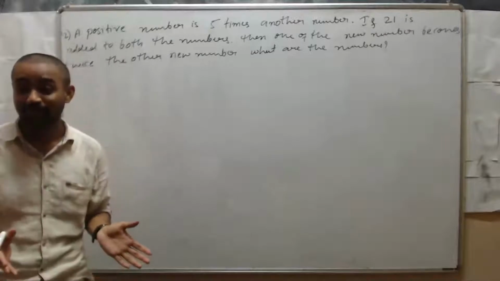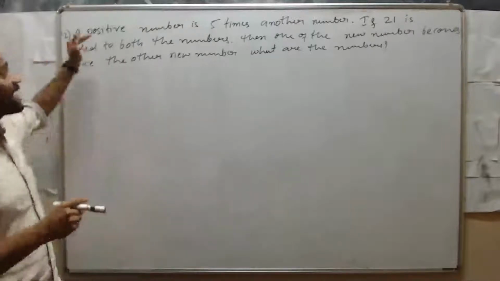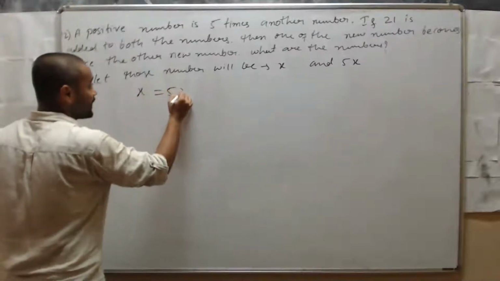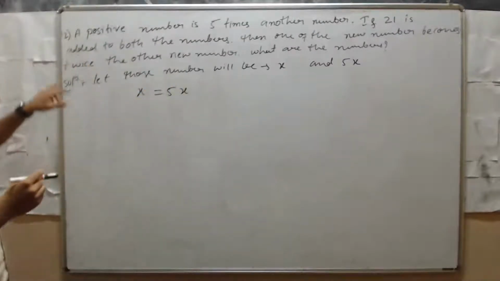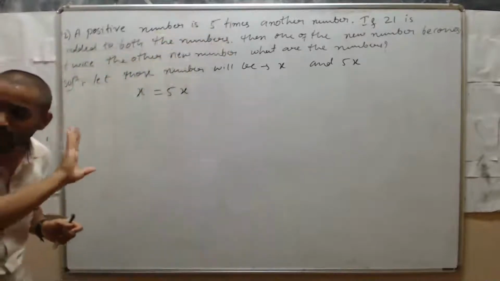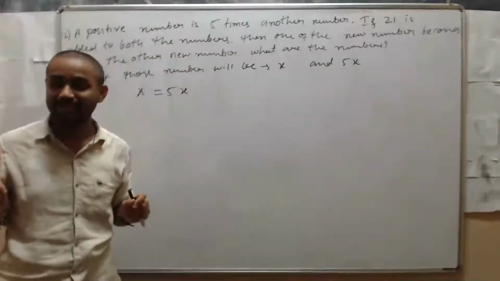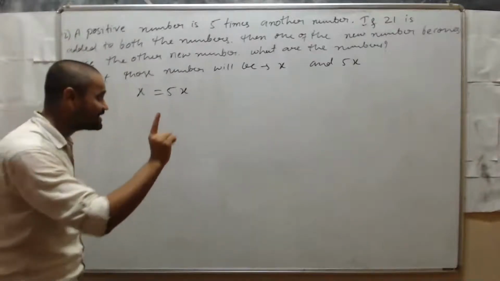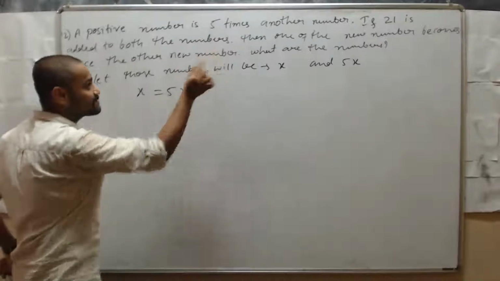That also we don't know. We don't know that. Just a number is there, a positive number here. X is equal to 5x. Now, once again read the question. A positive number is 5 times the another number. You don't know both the numbers. Okay? See, x is a positive number and that is 5 times the other number.